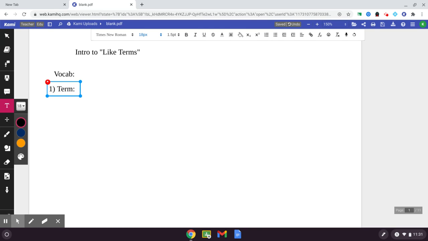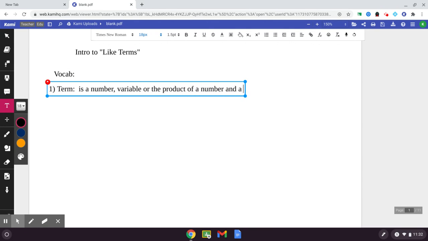What a term is, it's a number or a variable, or the product of a number and a variable. Okay, so any of these three things could be a term.